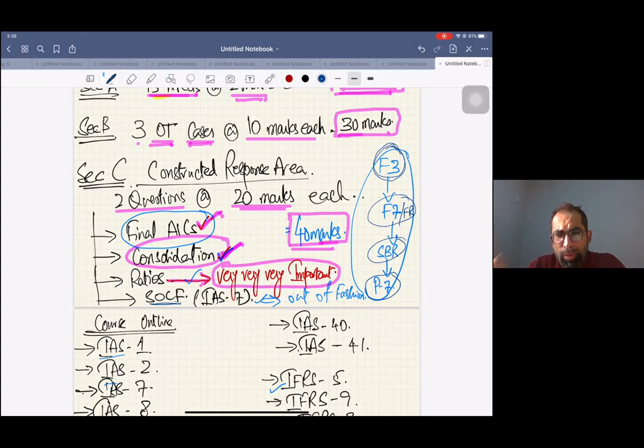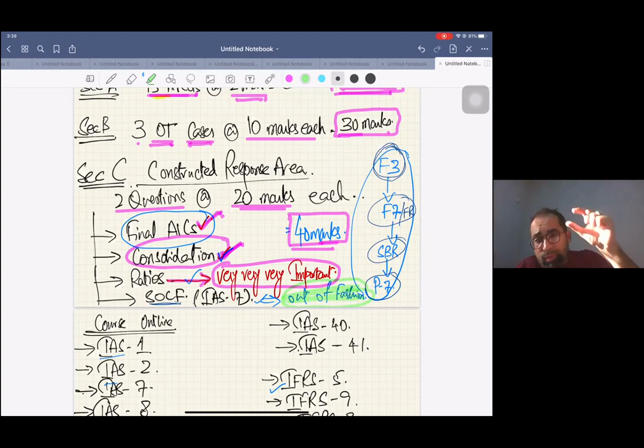But nowadays, for the last 4 or 5 years, this topic is out of fashion. Out of fashion means the feedback of students is that it's normally not coming in the last 40 marks, but sometimes a case of SOCF came.